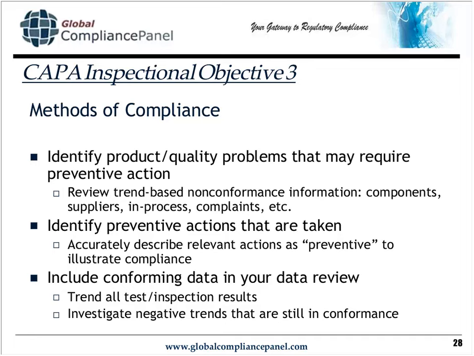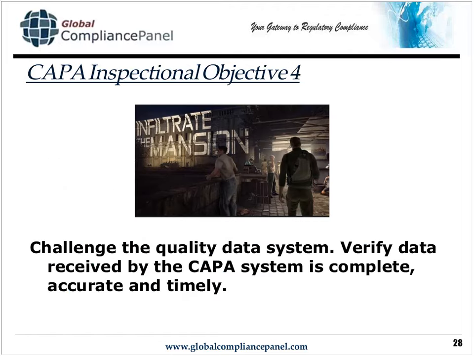That is an excellent preventive action. And once you trend all test and inspection results, and you investigate negative trends that are still in conformance, you are implementing preventive action in a situation like this.